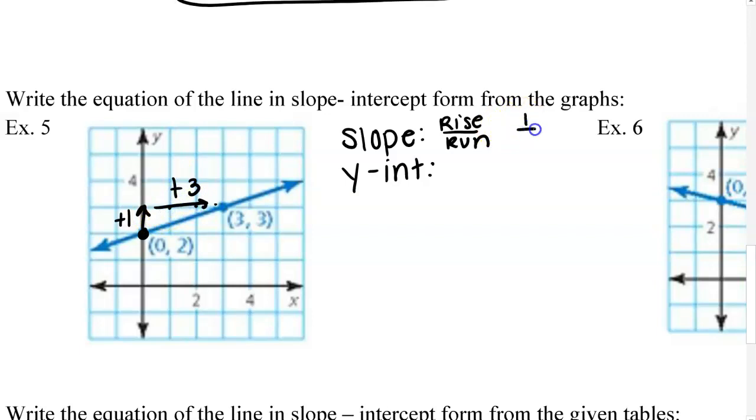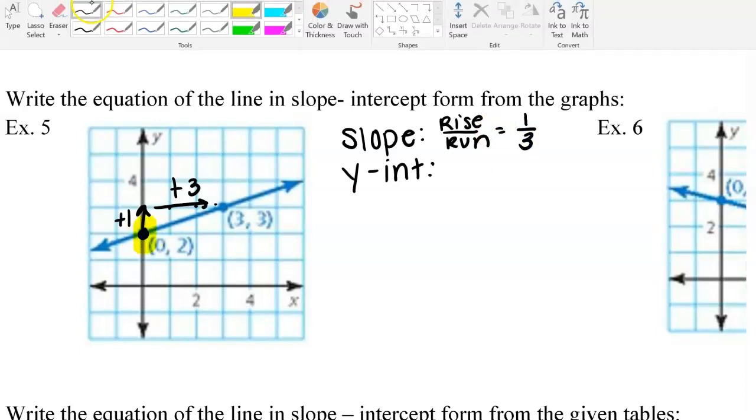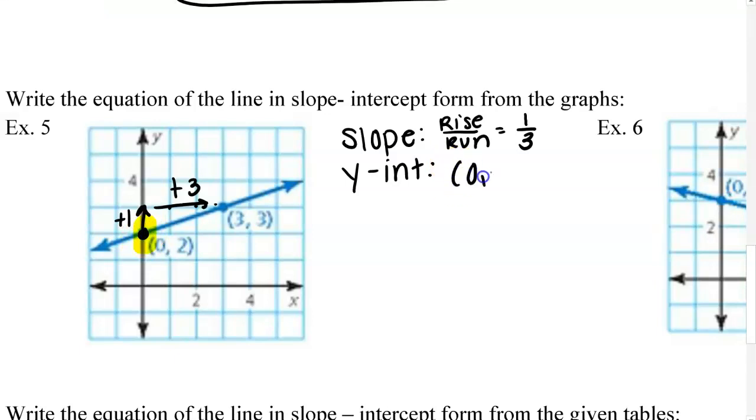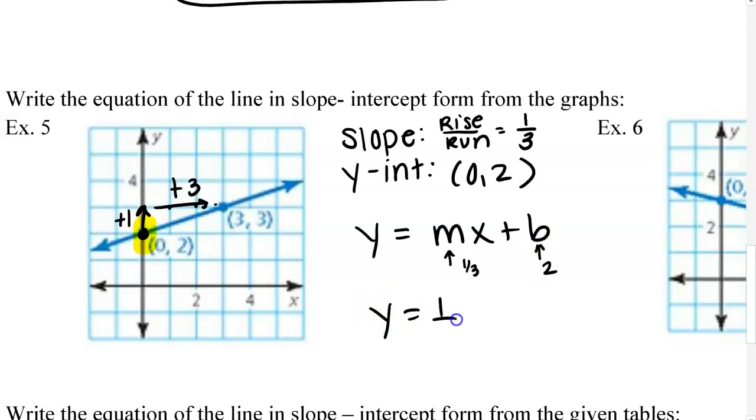So 1/3 is your slope. The y-intercept is the point that the graph crosses the y-axis, which is 0, 2. So to write your equation in y equals mx plus b, in our case, 1/3 is the slope, or the m value, and b is going to be 2. So y equals 1/3 x plus 2.